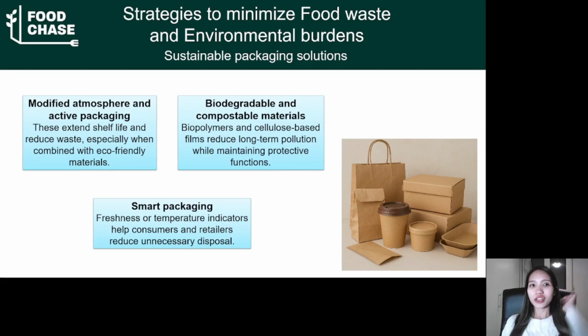This technology can extend shelf life and reduce waste, especially when combined with eco-friendly material. Biodegradable and compostable materials are also a good choice. Biopolymer and cellulose-based film can reduce long-term pollution while maintaining protective function. Smart packaging includes freshness or temperature indicators that help consumers and retailers reduce unnecessary disposal.